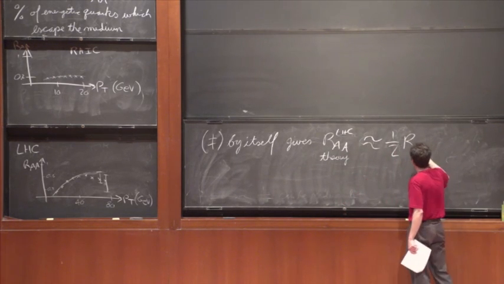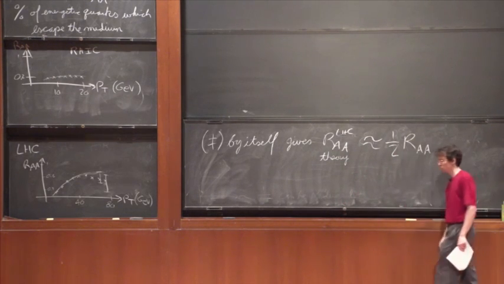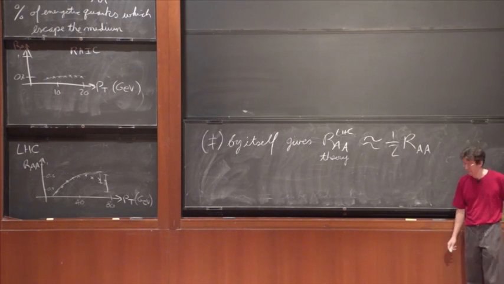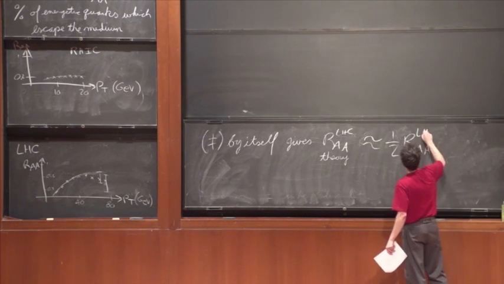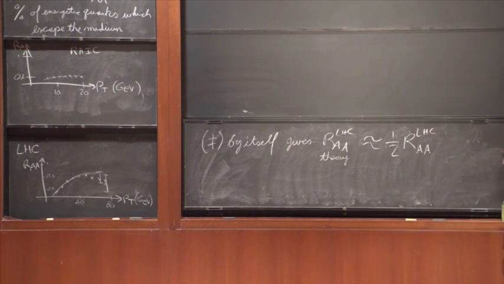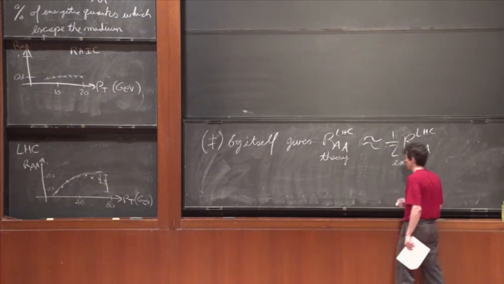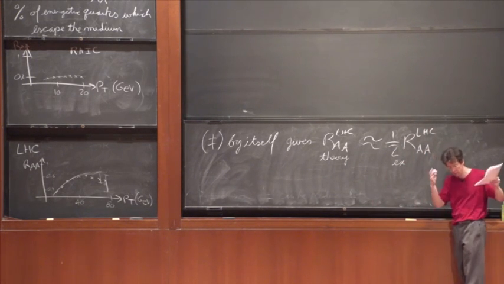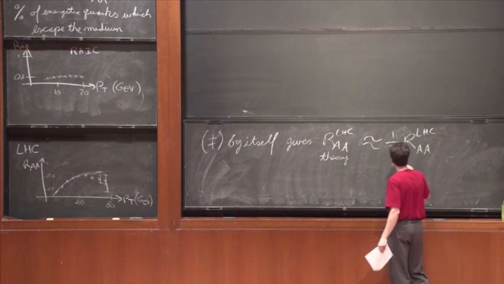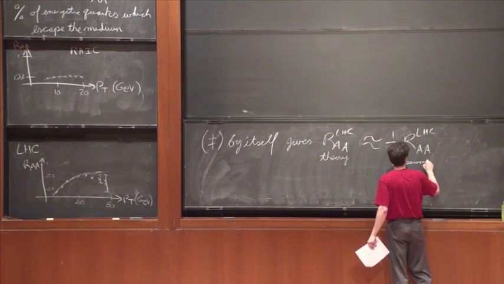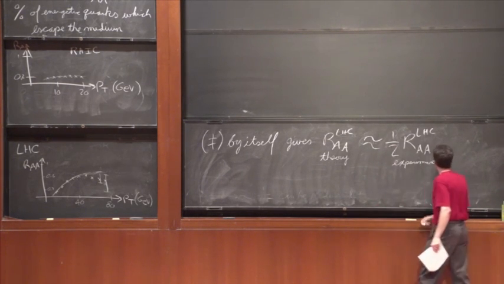And, you know, for starters, you might say, that's not too bad. We did some really abstract gauge theoretic, gravitational holographic computation. And we're within a factor of 2 of data.